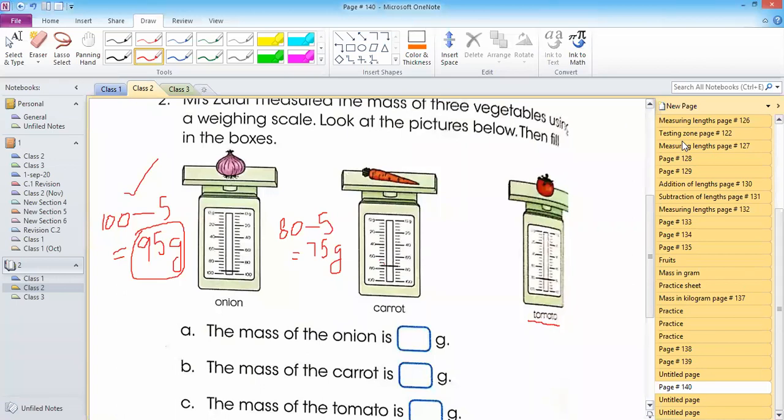Very good, Saud. Adam Khalid, very good. Sharif, very good. Abdul Rahman, very good. Rafiq Samir, very good.